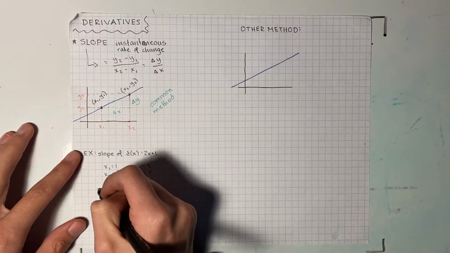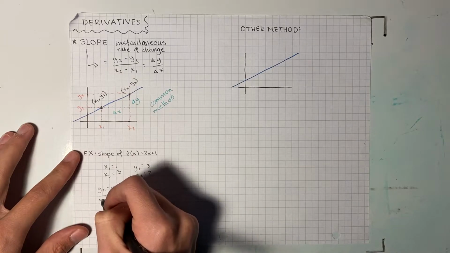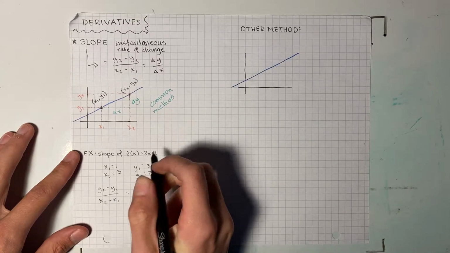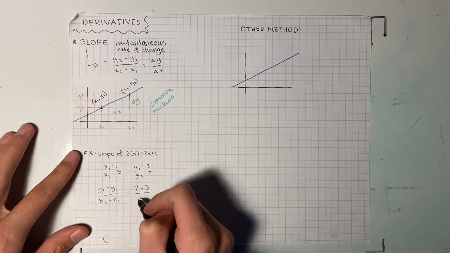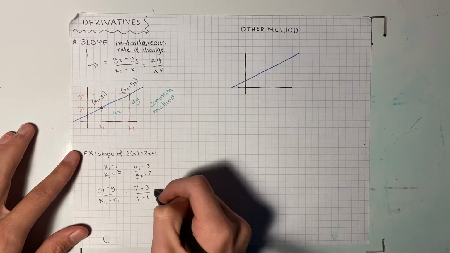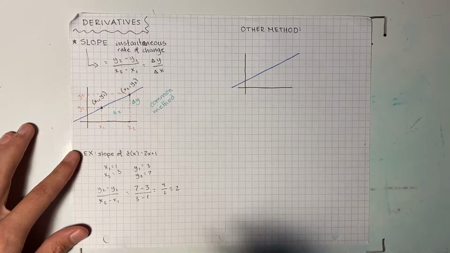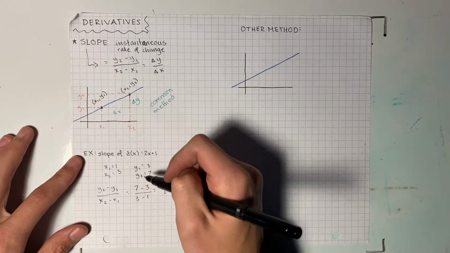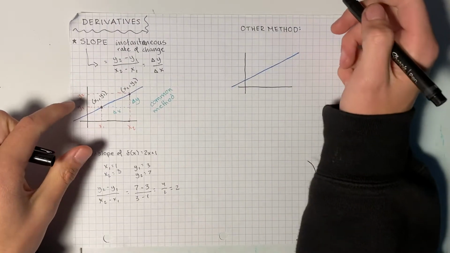To find the slope, it's y2 minus y1 over x2 minus x1, so 7 minus 3 over 3 minus 1, which equals 4 over 2, or just 2. And as you probably know, in these equations the number before the x is the slope, and we've just proved that.